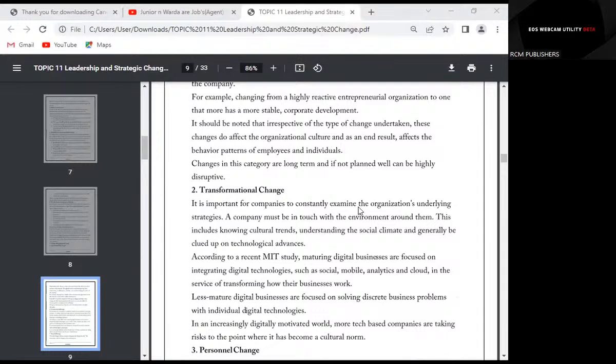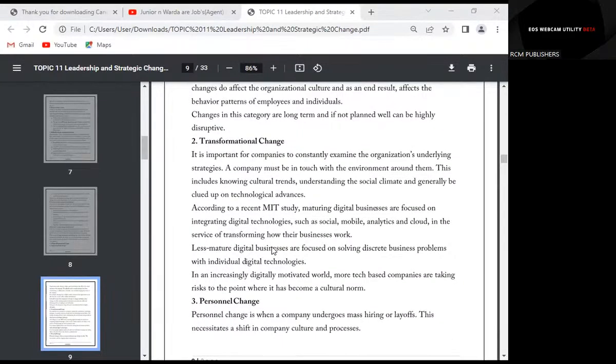Number two, we have a transformational change. It is important for a company to constantly examine the organization's underlying strategies. A company must be in touch with the environment around them. This includes knowing cultural trends, understanding the social climate, and generally being glued up on technological advances. According to a recent MIT study, maturing digital businesses are focused on integrating digital technologies such as social, mobile, analytics, and cloud in the service of transforming how their business works.